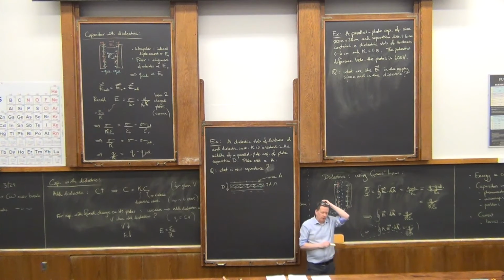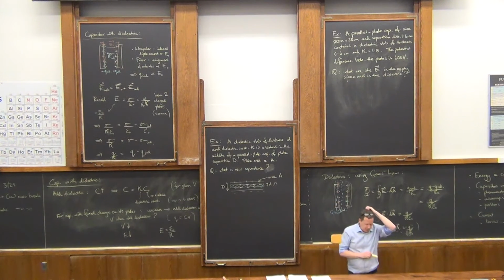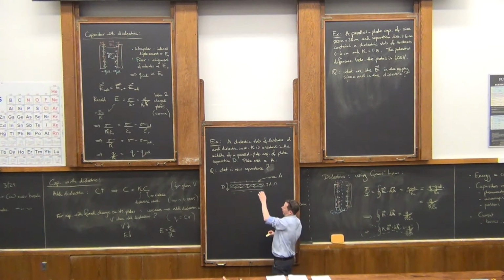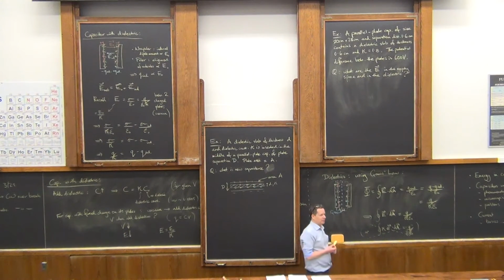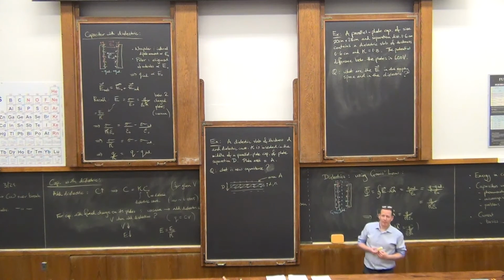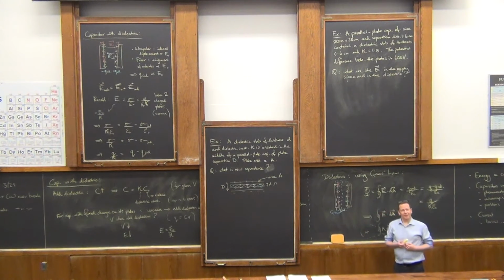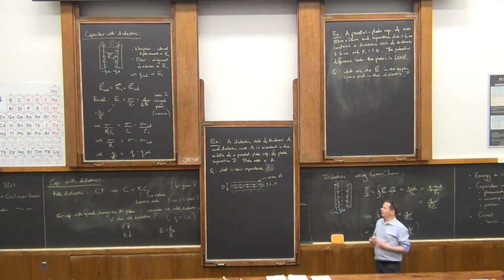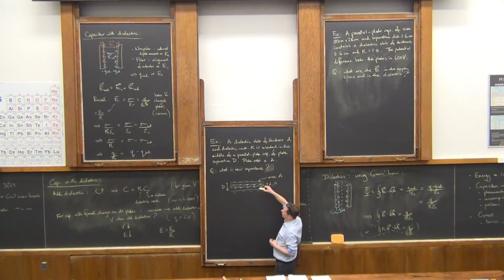If you were to think about the way we add capacitors in series with our reciprocal relationship, would it make any difference to the answer if I moved this around, up and down? In fact, would it make any difference if I moved it all the way to one edge? No. So in fact, we could slide this thing, and you should do this calculation to convince yourself it's true.